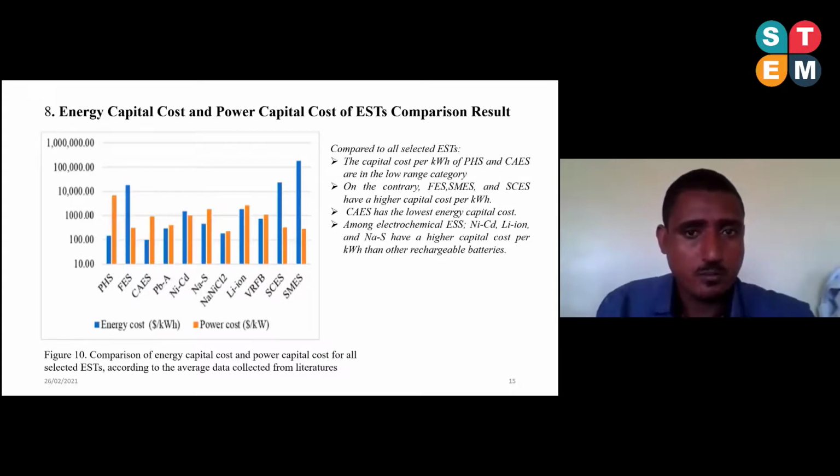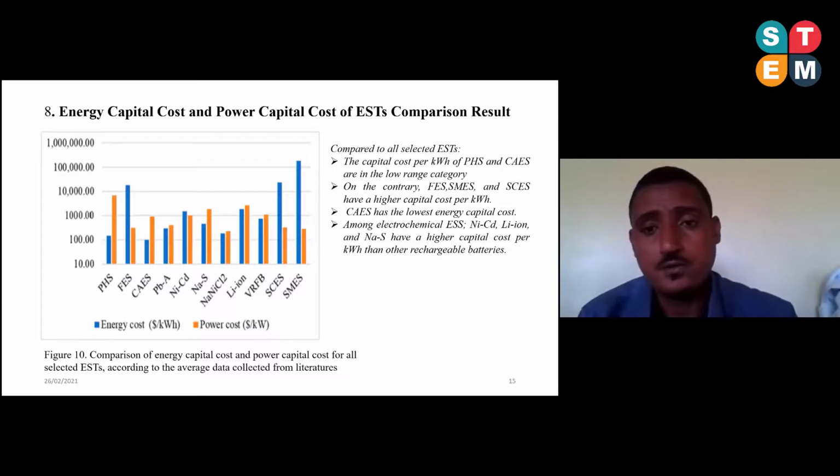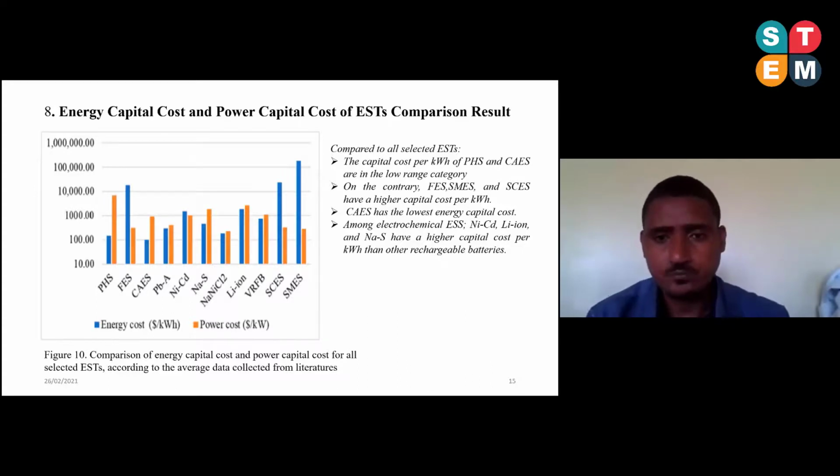So the eighth comparison selecting criteria is the energy capital cost and power capital cost. So as you see from the graph, again, compared to all selected energy storage technology types, the capital cost per kilowatt hour of pumped hydro storage and compressed air storage types are almost in the low range category.